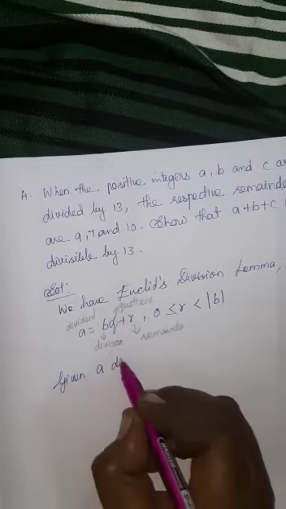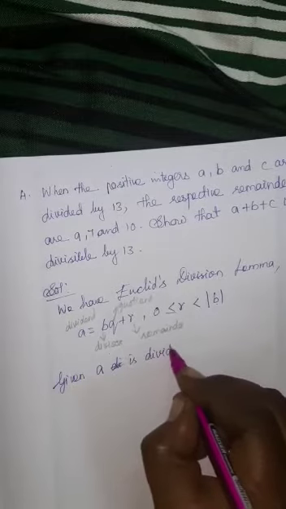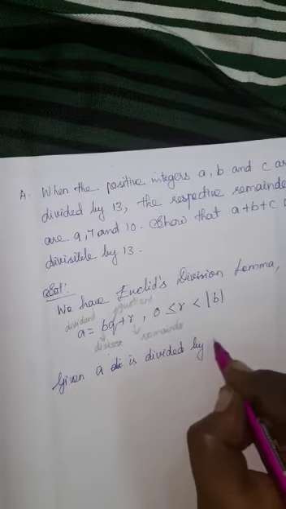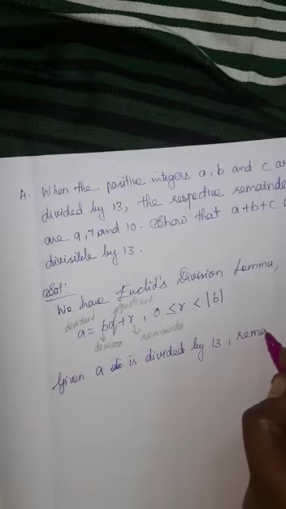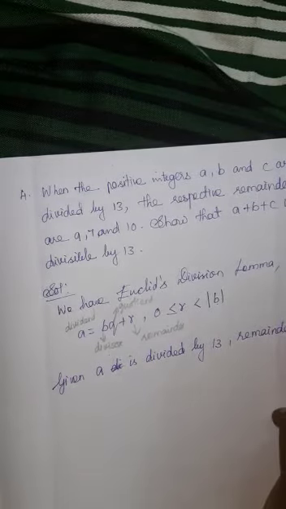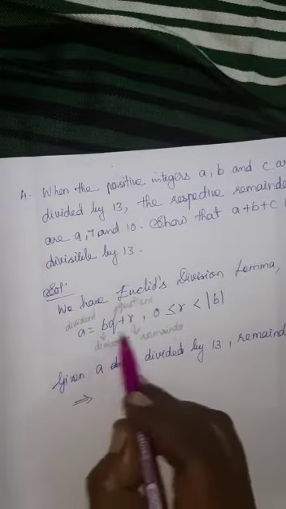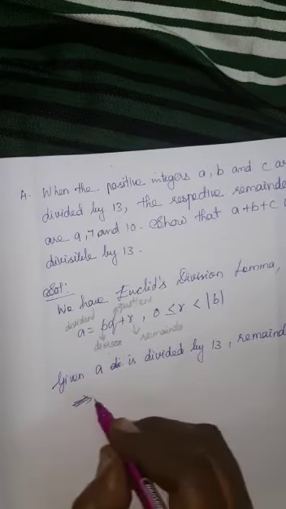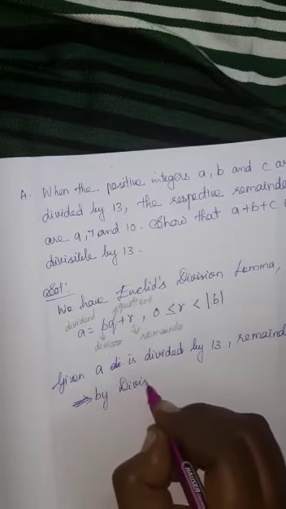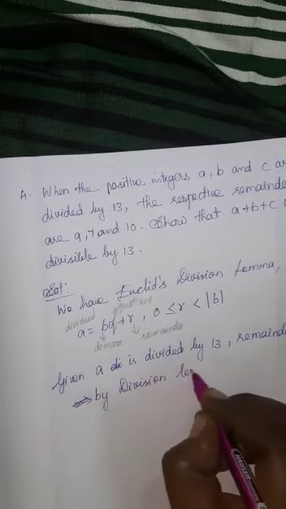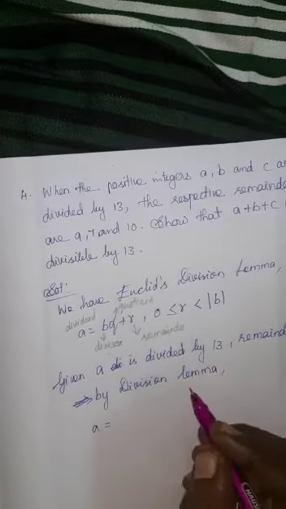Given: a is divided by 13, remainder is 9. Which implies, by division lemma, we can write a is equal to, what is the divisor?